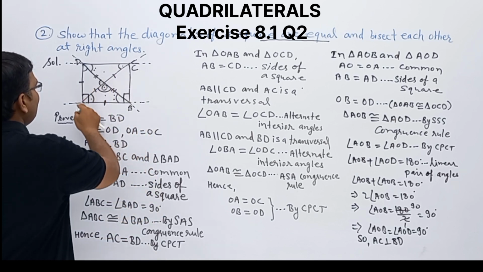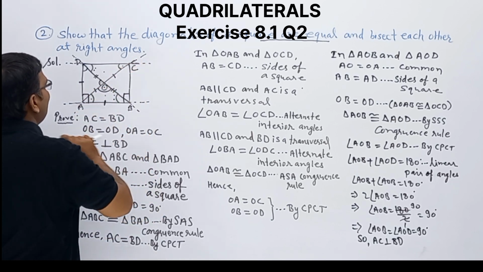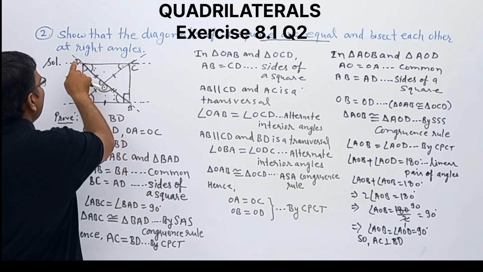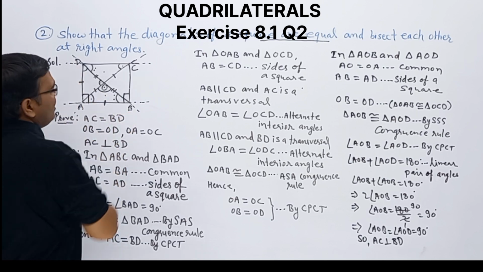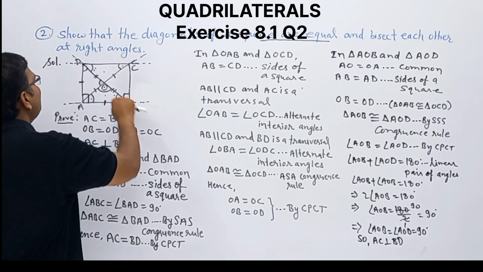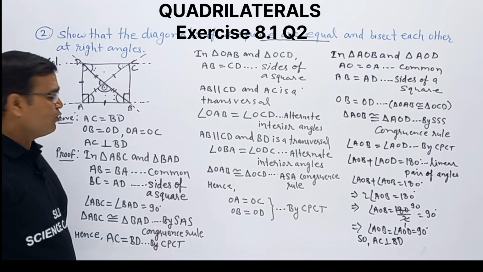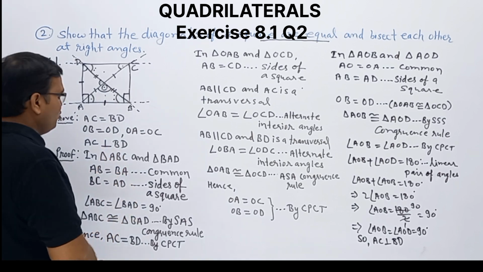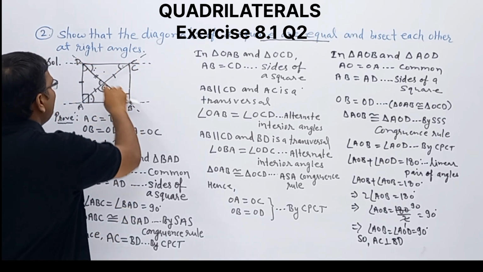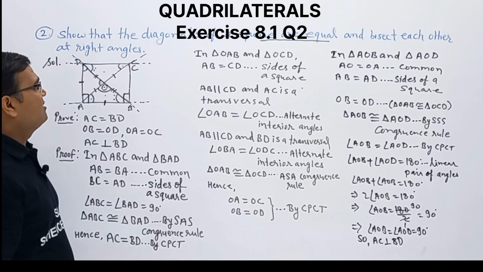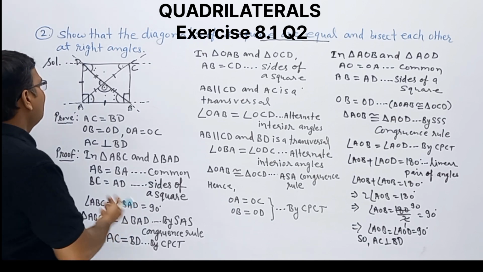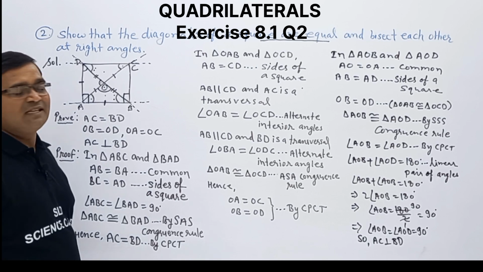It means AC will be equal to BD of triangle BAD. And AC and BD are what? Diagonals. So from these things we proved that AC and BD are equal diagonals of a square. Clear?